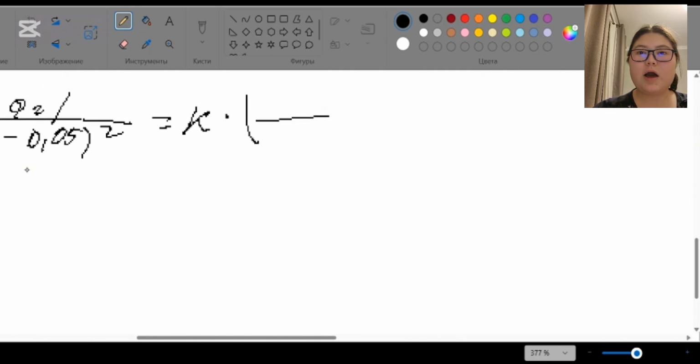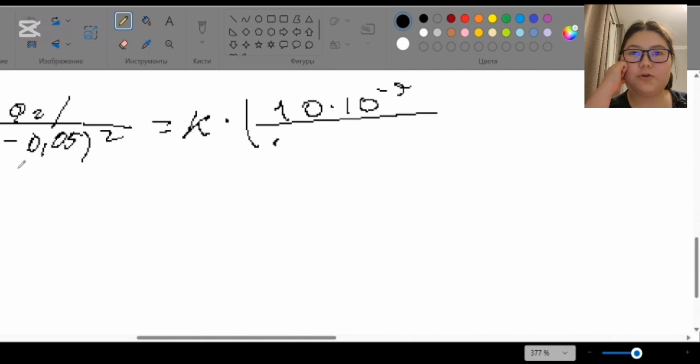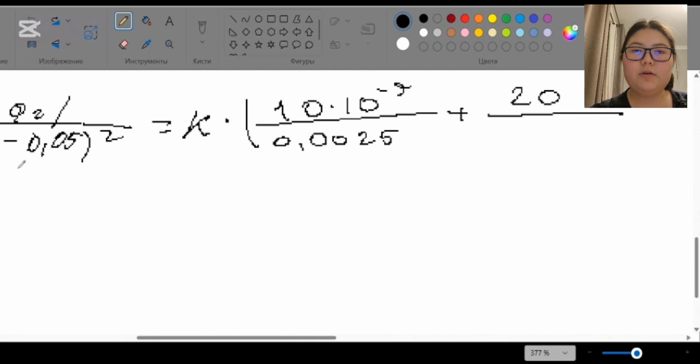Now let's put all the numbers in and calculate our final value. We have our first point charge, our distance, which we found is 0.05 meters, and we have to square it.